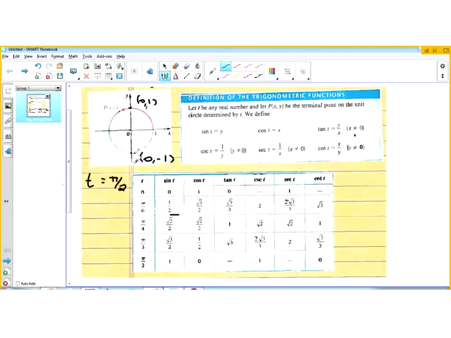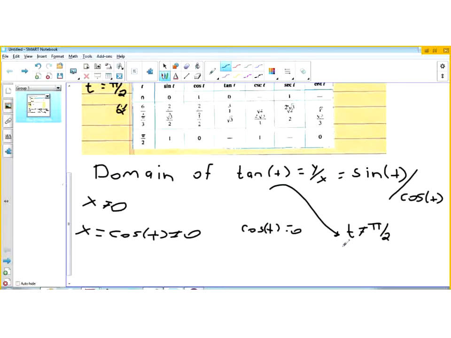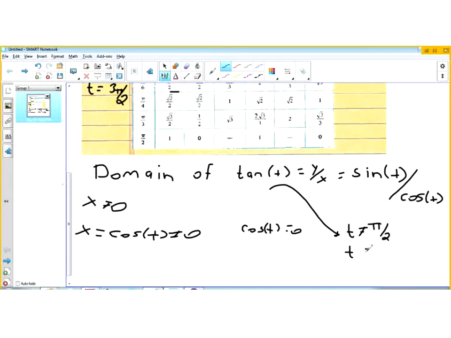How about 0, negative 1? What terminal number gives you a terminal point of 0, negative 1? Well, that would be t equal to 3 pi over 2. And so t cannot equal 3 pi over 2.